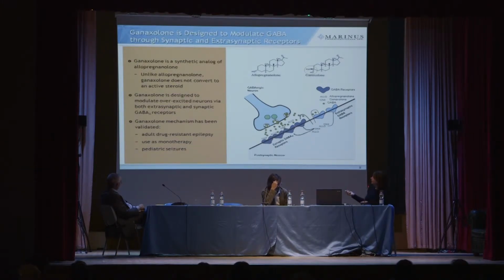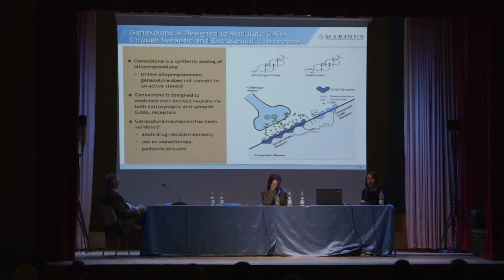Again, it does not convert, and it works at both the extrasynaptic and synaptic GABA receptors. I'm sure you have seen better pictures, but this is the one that we use in our presentation, the synaptic and the extrasynaptic GABA receptor, and the affinity of the drug for both the synaptic and the extrasynaptic activity.